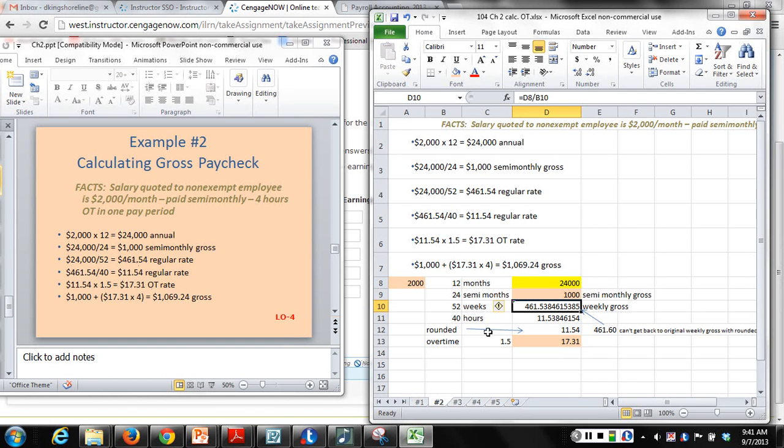Then, when we divide this 461.54 rounded by 40 hours to get our hourly rate, which we need to get our premium, here's the actual number that Excel calculates: $11.53 plus cents. Well, rounded, that is $11.54.